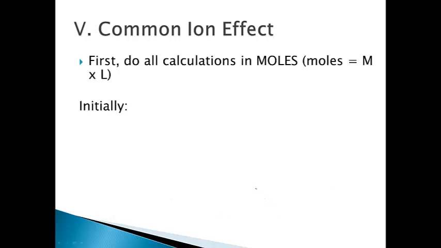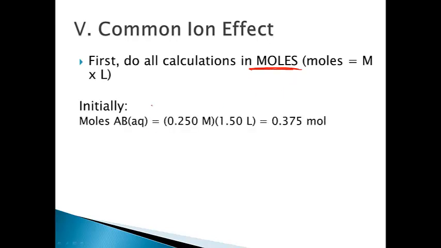So, the first thing you have to do, whenever you're doing this type of problem, is make sure all your calculations are done in moles. Initially, don't forget, moles are equal to molarity times liters. So you had a 0.250 molar solution of AB times the 1.50 liters, so you have 0.375 moles.